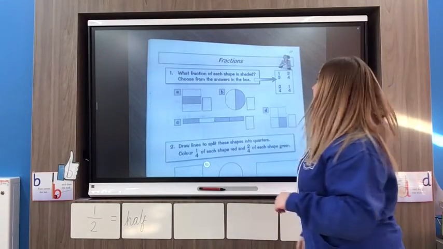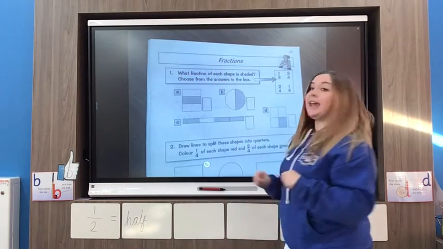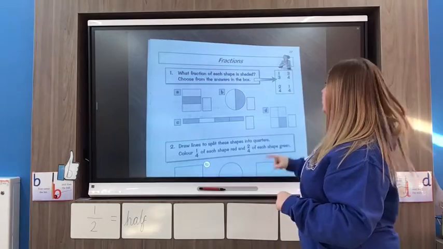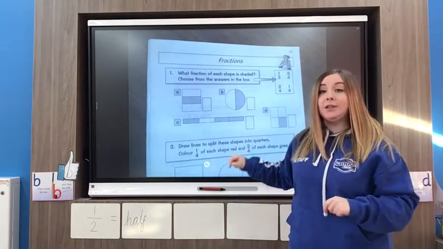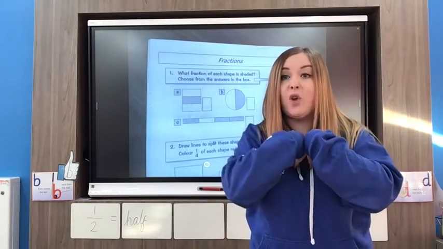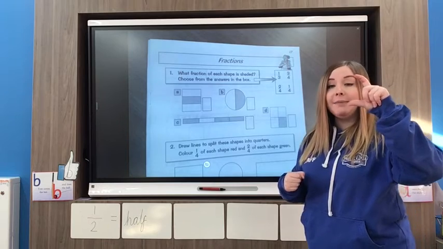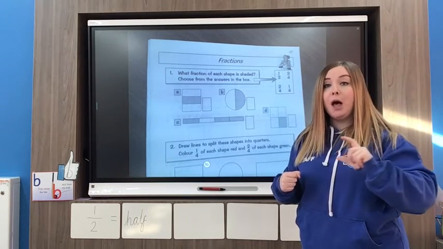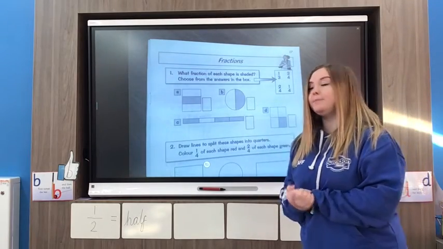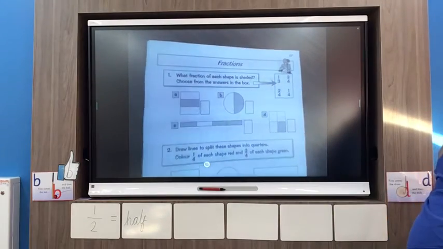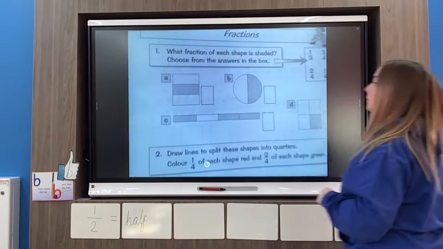And it's asking you what fraction of each shape is shaded. So you'll see that we've got some diagrams here, just like I had on my board. And some of them are coloured in, and that means we've got those pieces. Remember, the top number is how many we've got, and the bottom number is how many there are all together. So let's have a little look at A together.